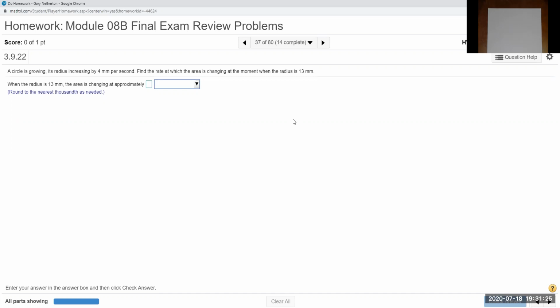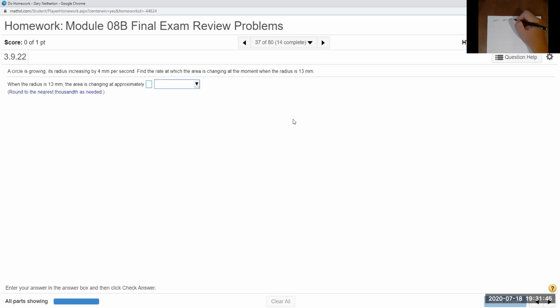So let me write down the information here. So it's a circle. I'm going to call it the radius rate, because when something's changing, it's called a rate. The radius is increasing by 4 millimeters.